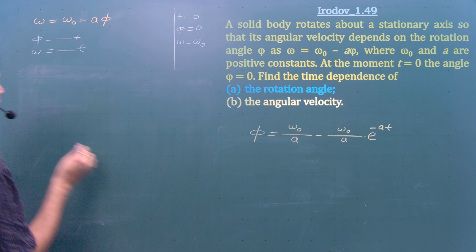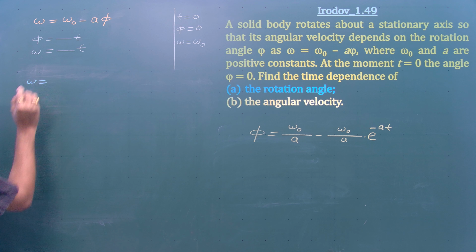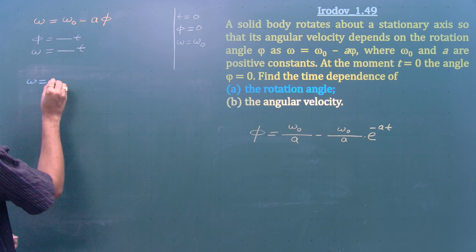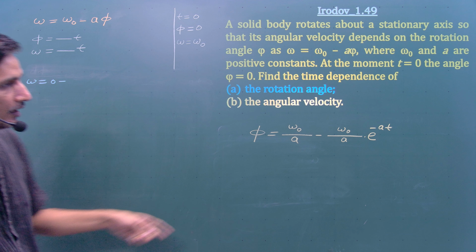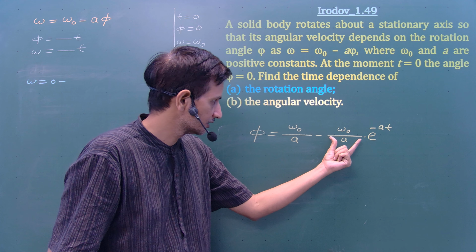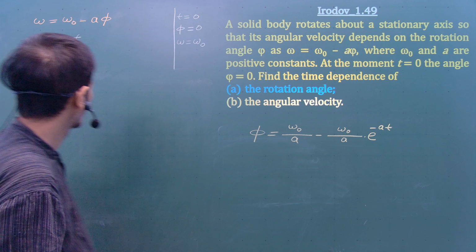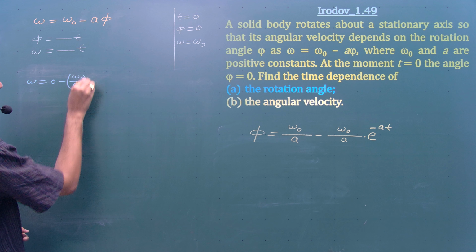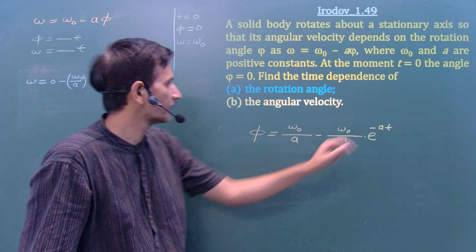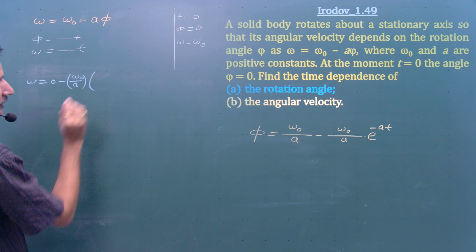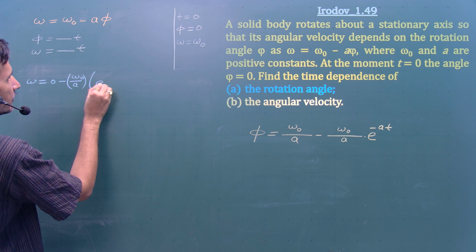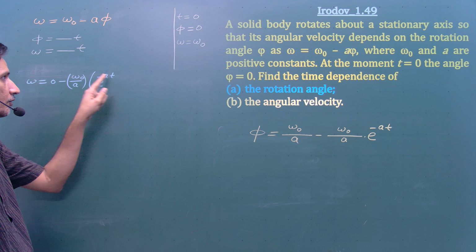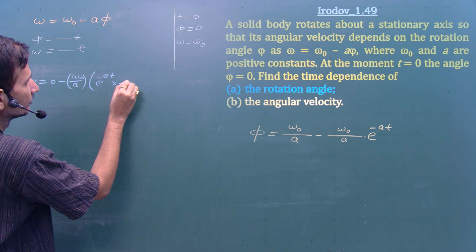The differentiation of phi becomes omega equal to, this is a constant part, its differentiation is 0, 0 minus, this part varies with time, but this part is a constant, so minus omega naught by a, and now the differentiation of e to the power minus at. The differentiation of e to the power minus at is: first, e to the power minus at will remain the same, and the coefficient of t is minus a, so it multiplies with minus a.